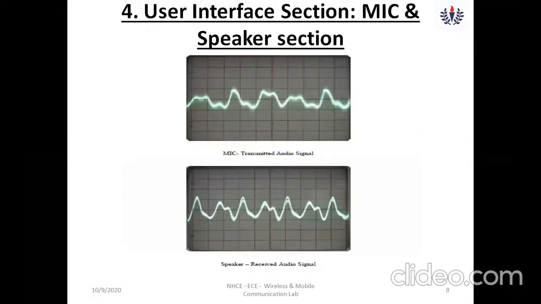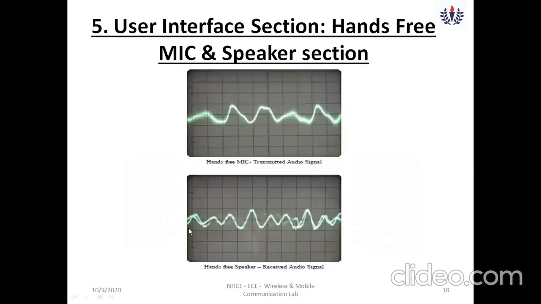Fine. So these are some of the waveforms that you can observe. This is obtained for your mic. Whenever there is a transmitted audio signal, you can find a waveform getting generated. Then the speaker: whenever the speaker is activated, you have a received audio signal that can be measured using an oscilloscope.